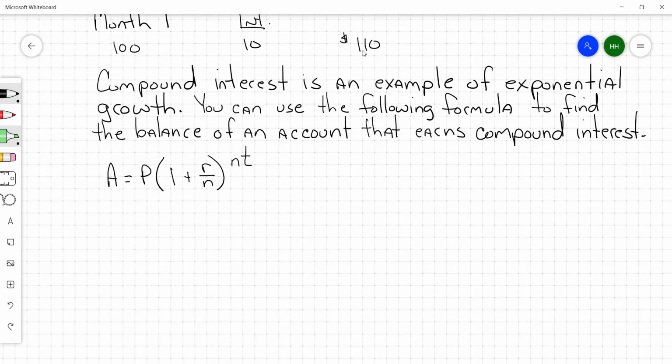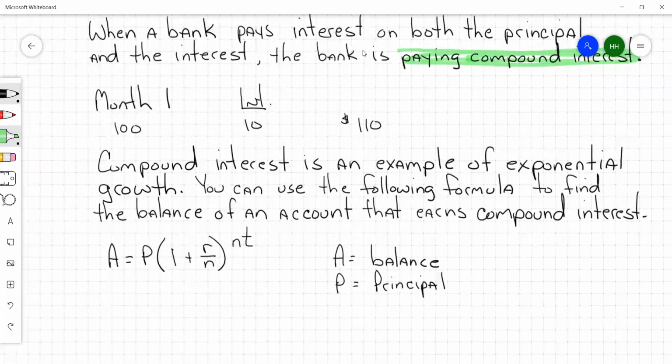All right, now we're going to define these variables. Our A is the balance. That's how much money you got. P, that's the principal. Y'all know what the principal is? Yeah.